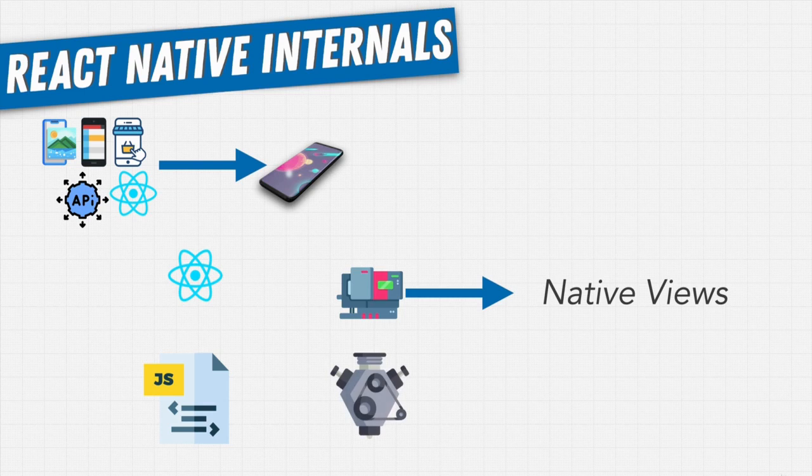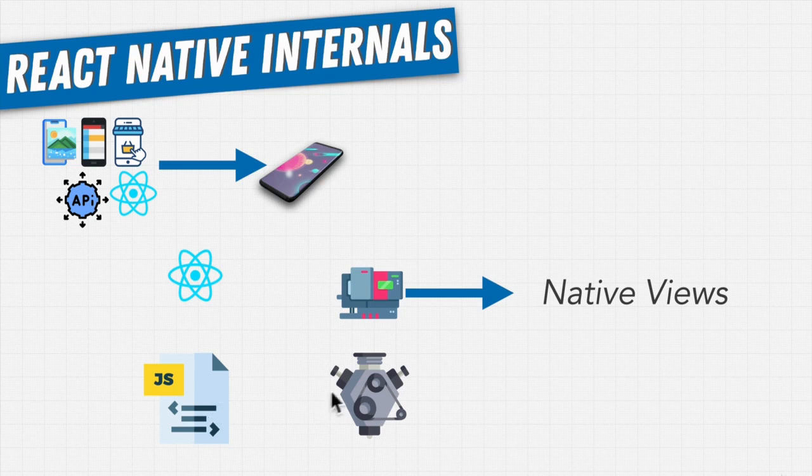But then the second part is that it needs to understand this JavaScript logic on the phone. Remember that the phone understands Objective-C, Swift, Java, or Kotlin, but doesn't really have a concept of JavaScript. You see, in order for React Native to work, it needs something called a JavaScript VM or virtual machine. This virtual machine has a JavaScript engine that allows it to understand this logic that we write, this JavaScript code.